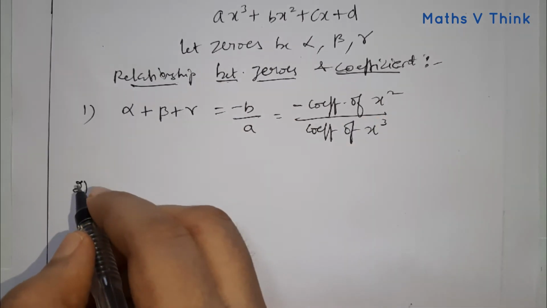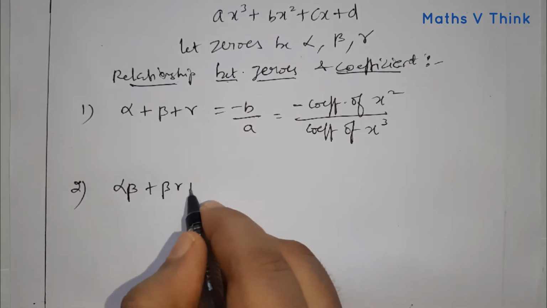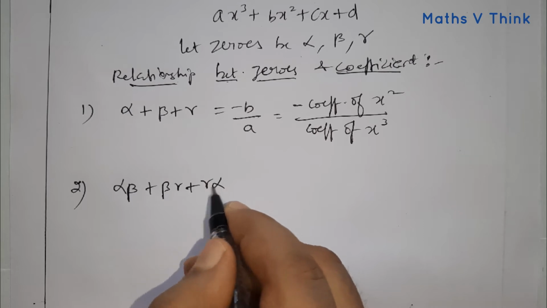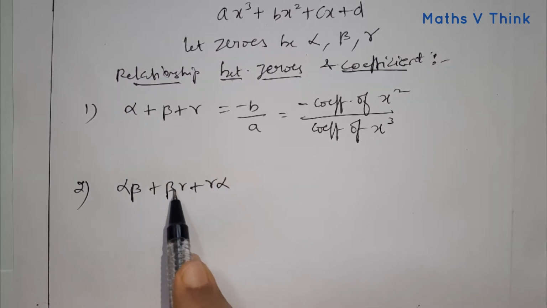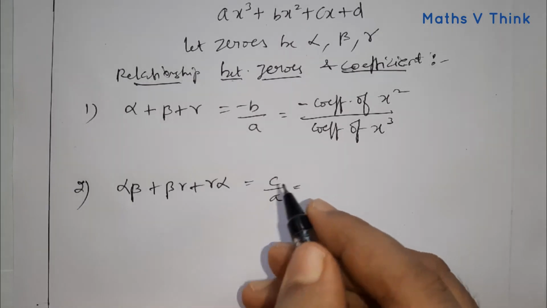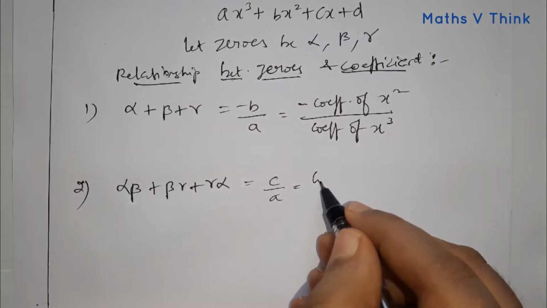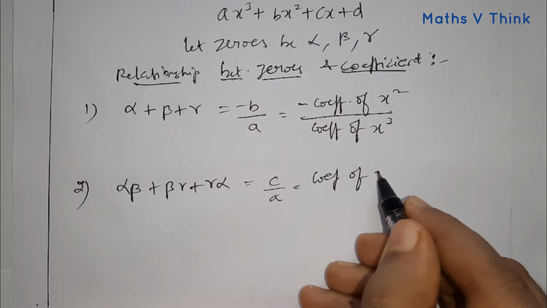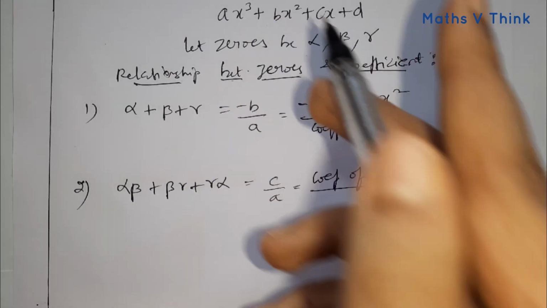Now the second formula is alpha beta plus beta gamma plus gamma alpha, means sum of product of the zeros taken two at a time. The formula is c by a, nothing but c is what? Here coefficient of x. So coefficient of x by a is coefficient of the x cube.